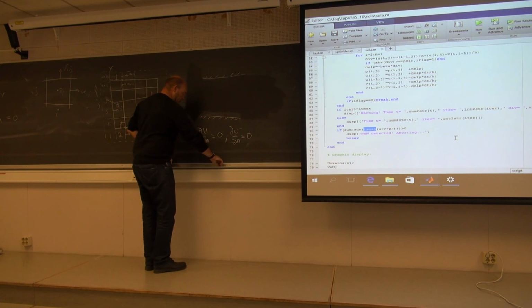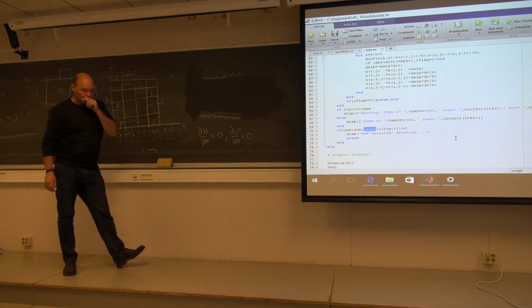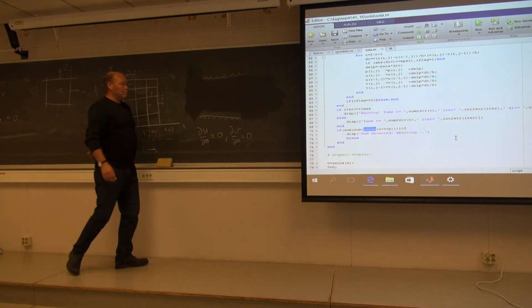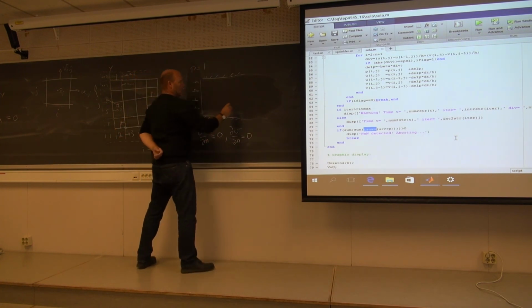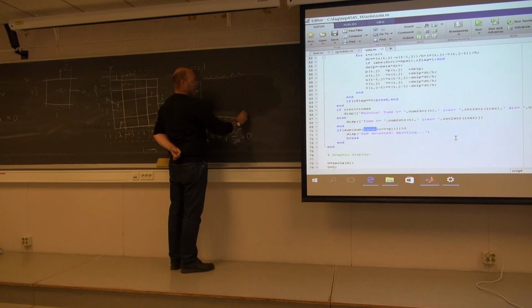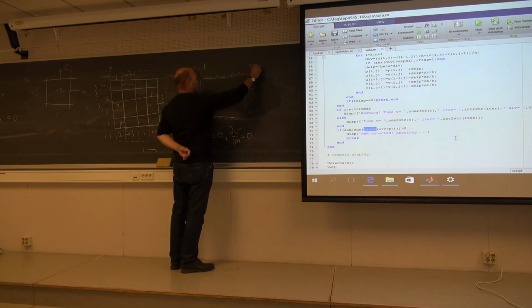For instance, if I do the following, I specify a constant inlet velocity here, and then I specify a pressure here. Say the pressure in these cells is 1. And then I specify the pressure here, which is supposed to be, say, 0.